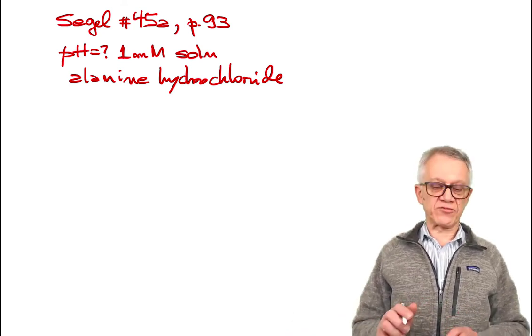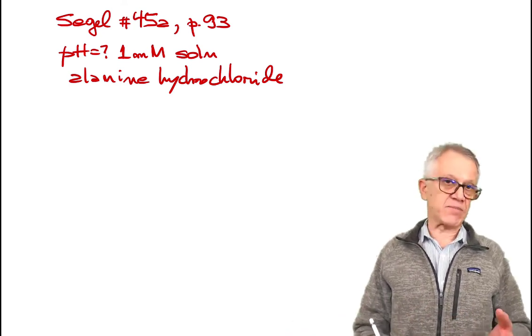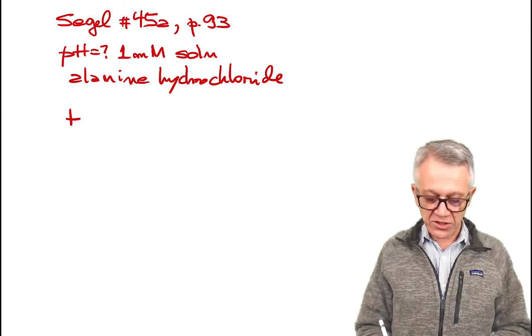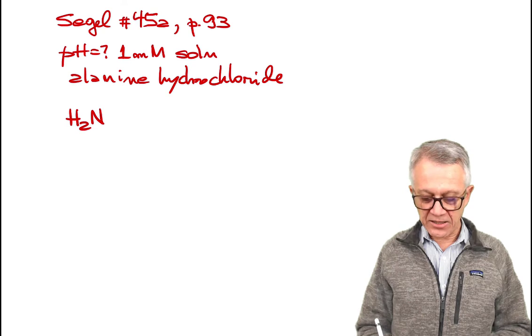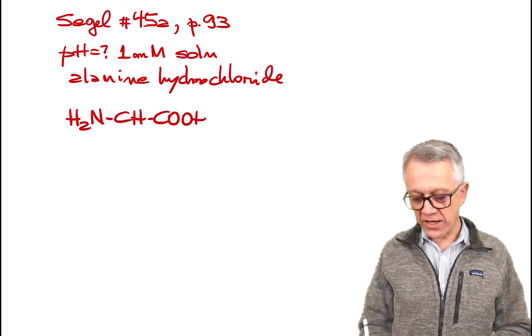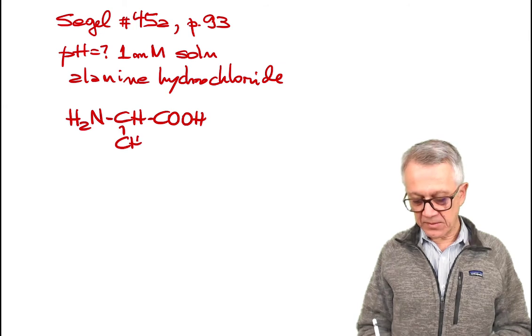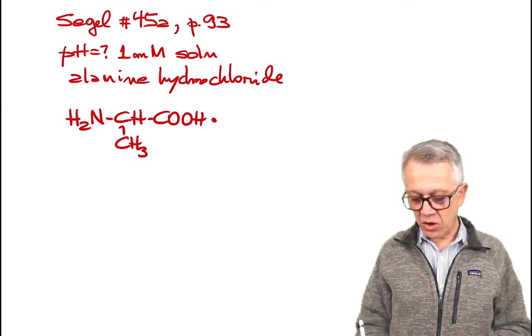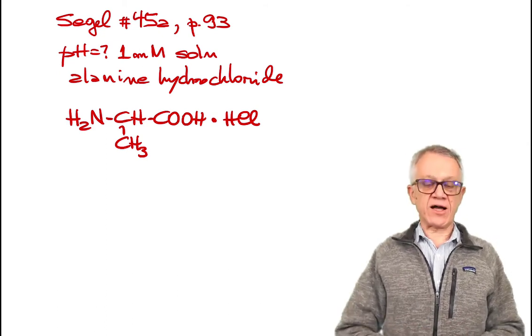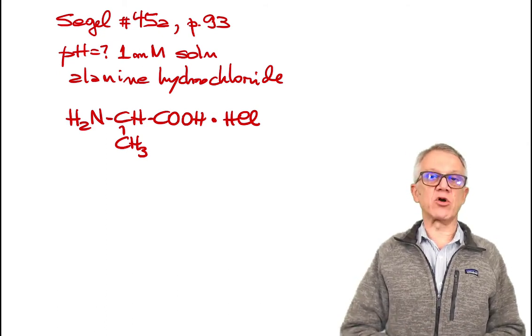If you search, for example, alanine hydrochloride in PubChem, you are going to get that the formula is H2N CH dot HCl. So that's the hydrochloride form, amine hydrochloride.